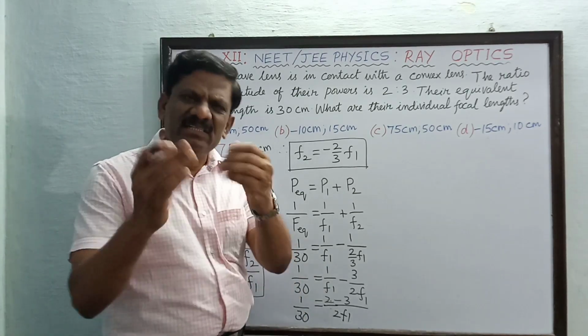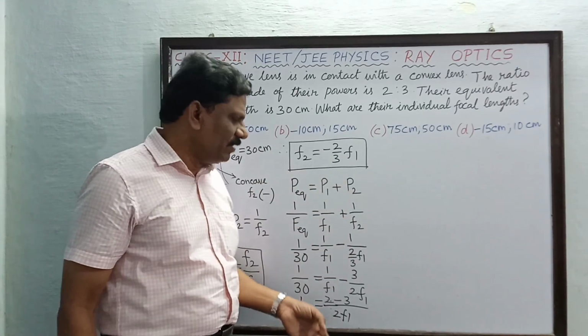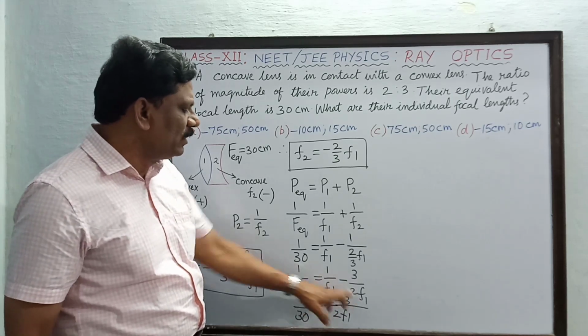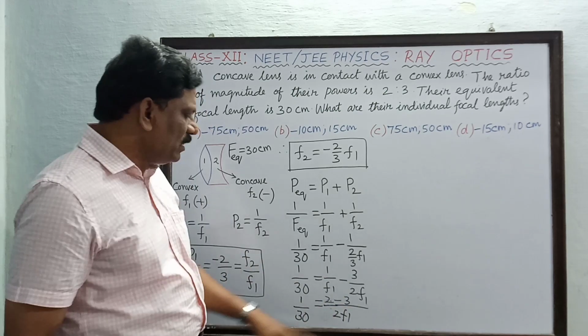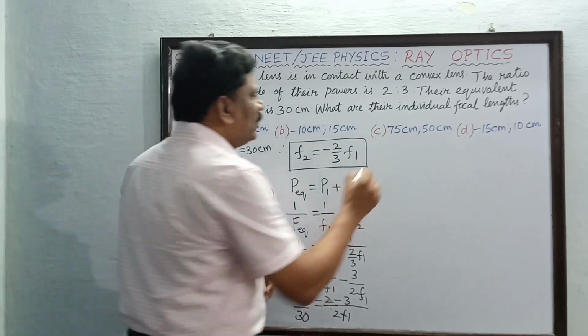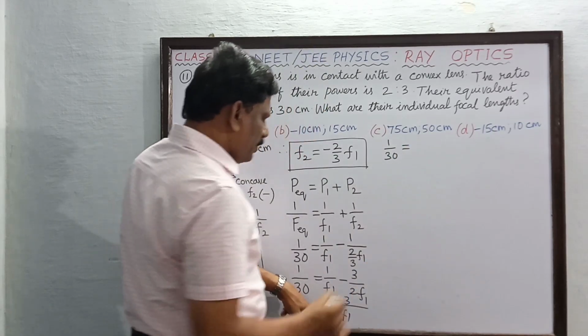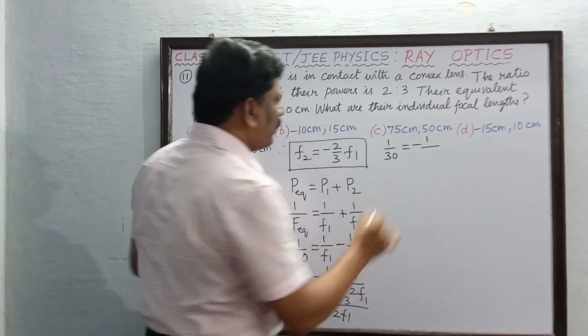You can do it by any shortcuts. Simply I am writing all the steps required for making easy understanding. So I take the LCM 2 f1. So it becomes 2 minus 3, and 2 minus 3 is minus 1. So 1 by 30 is now equal to minus 1 divided by 2 f1.